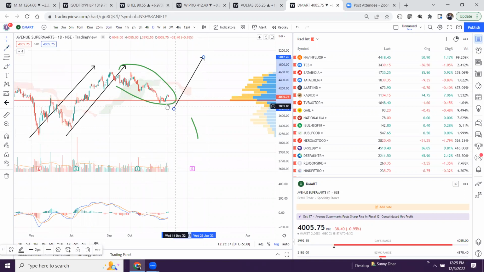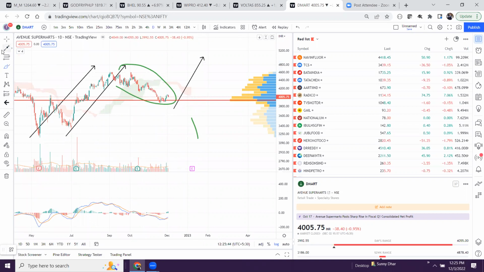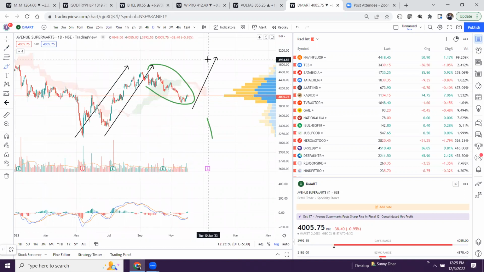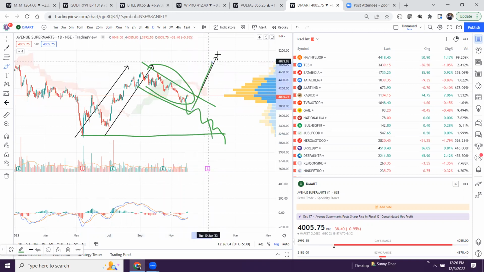So when will we get that? Once this correction is over. But we assume this will get over, while there is always a chance it breaks this part also. So unless and until this correction is over, you cannot say the next impulse will come.